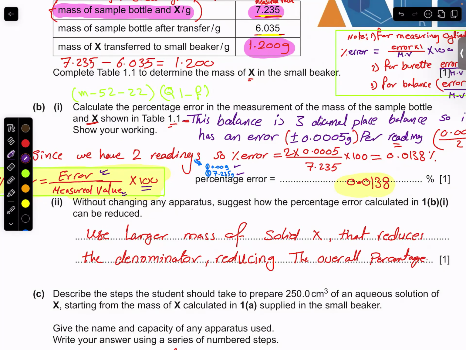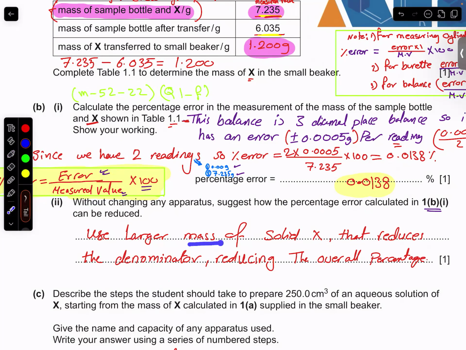Question number 2: without changing any apparatus, suggest how the percentage error in one I can be reduced. The denominator is the measured value, and the error is divided by it.